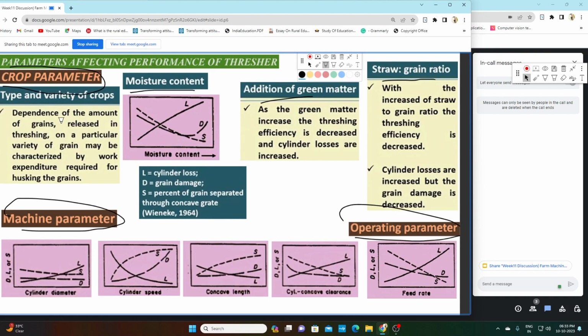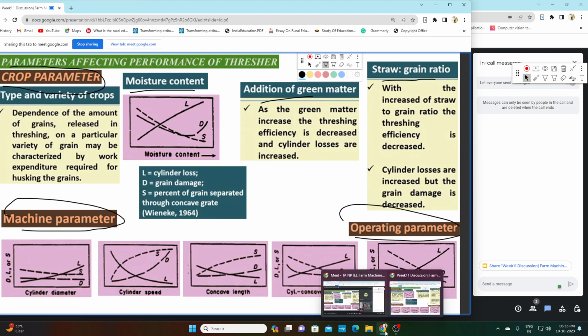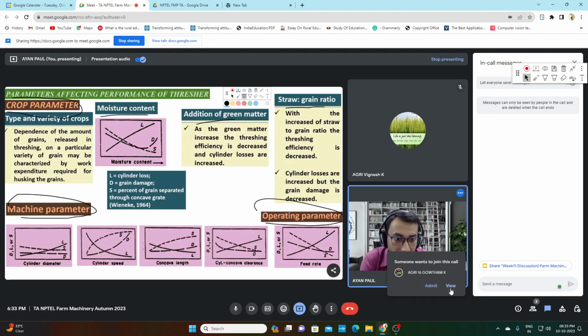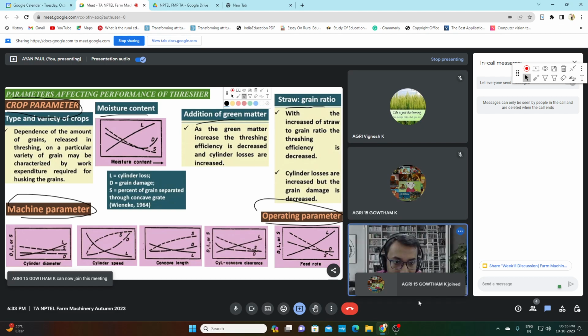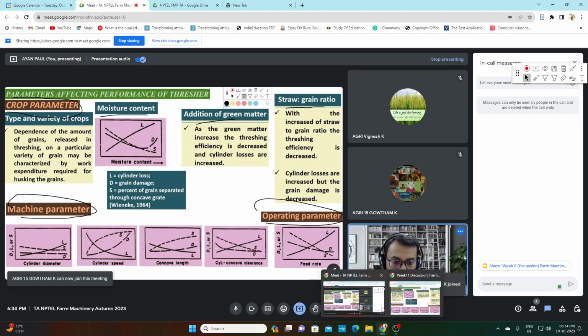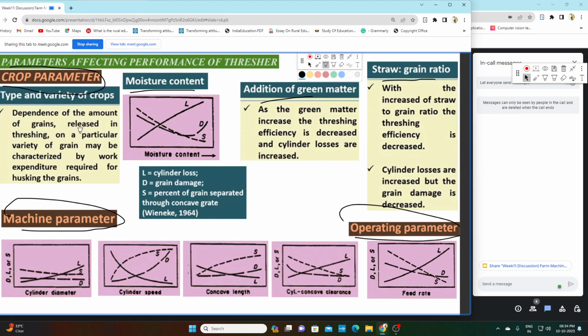So if we see about the type and variety of crop, we are seeing dependence of the amount of grains released in threshing on a particular variety of grain, which may be characterized by the work expenditure required for husking the grain.